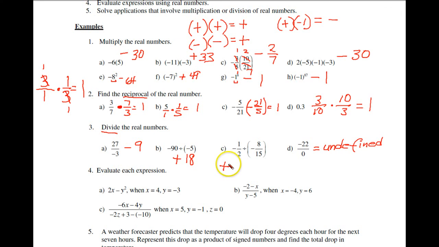We know what our sign is, but what we have to do is change it to multiplication, take the reciprocal of this, and our answer will be, since nothing cancels out, 15/16.